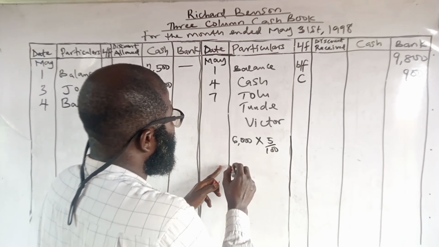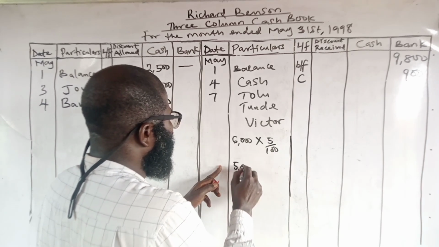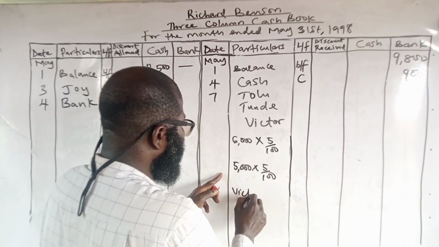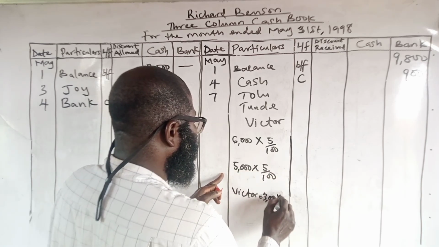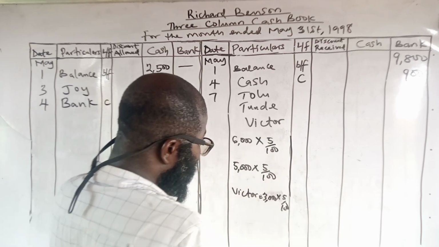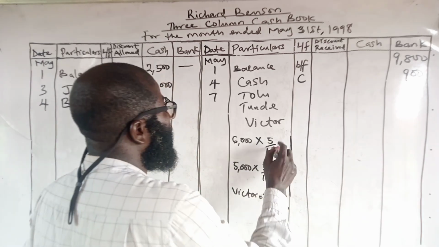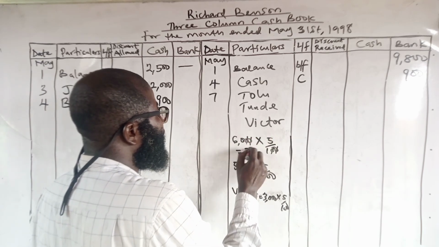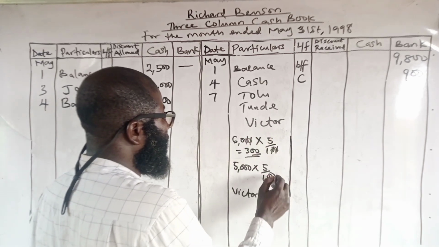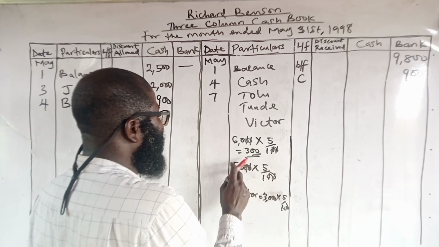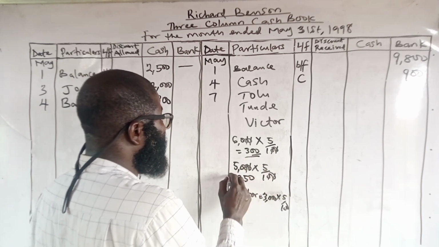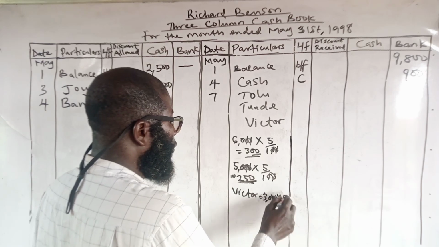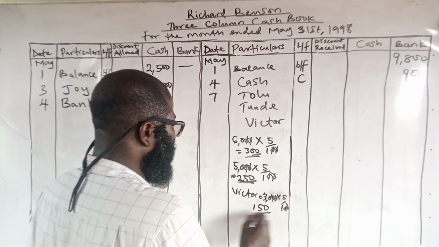For Tunde, 5,000 naira multiplied by 5 over 100. For Victor, 3,000 naira times 5 over 100. Therefore, we cancel this. We have 60 times 5, that is 300 naira. For this, we have 5 times 50, that is 250 naira. For Victor, we have 5 times 30, that is 150 naira.